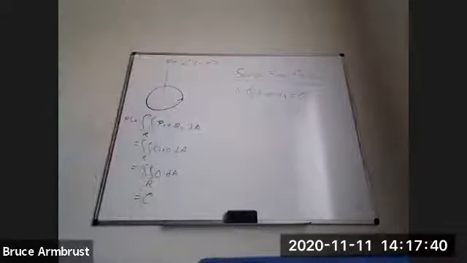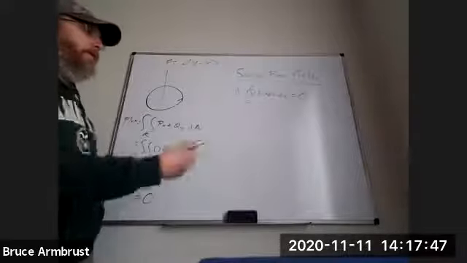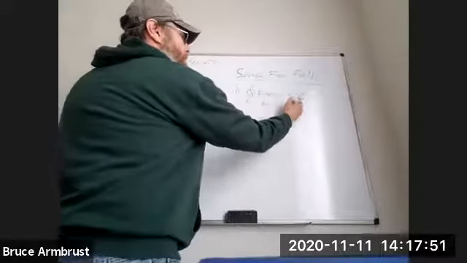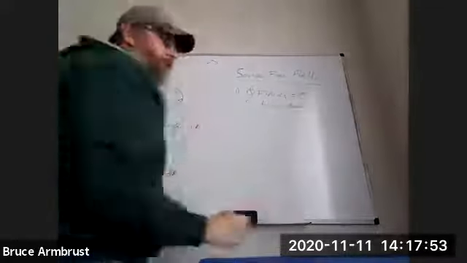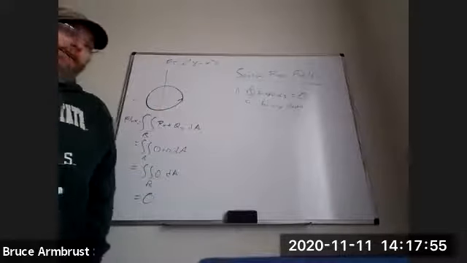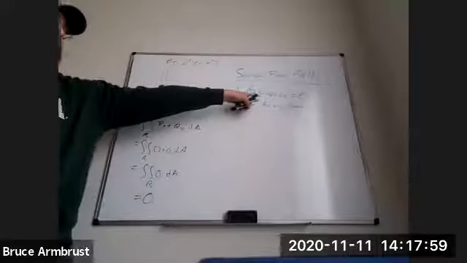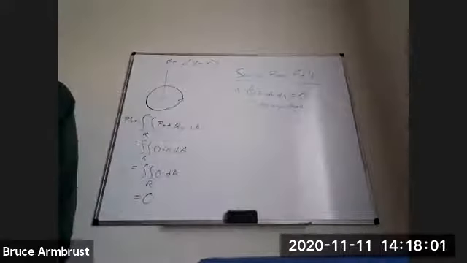We're going to get that the integral of F dotted with n ds is 0 for any closed curve. Just like with conservative fields, the integral of F dotted T ds was equal to 0.